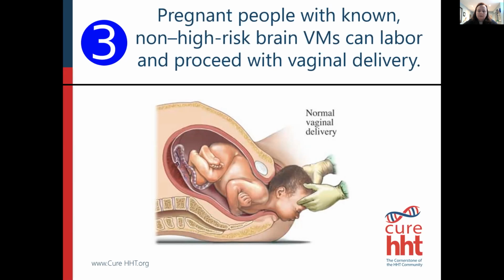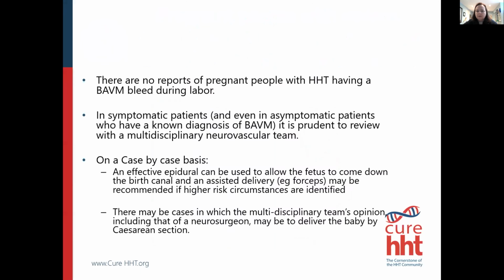Cesarean section may be required for other obstetrical indications or perhaps related to some HHT complication, but not necessarily. In this case, there have really been no reports of a pregnant person with HHT having a brain VM bleed during labor.